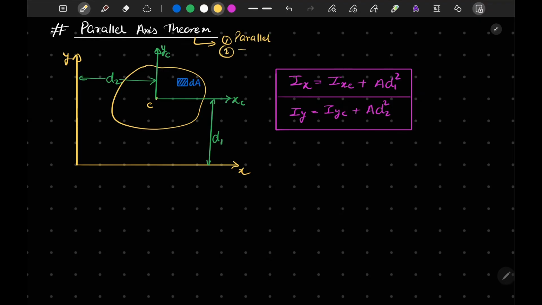Second, if you want to calculate across the centroid, then the inertia across the given point must be known. So Ixc or Ix must be known. Third, A and d must be known.